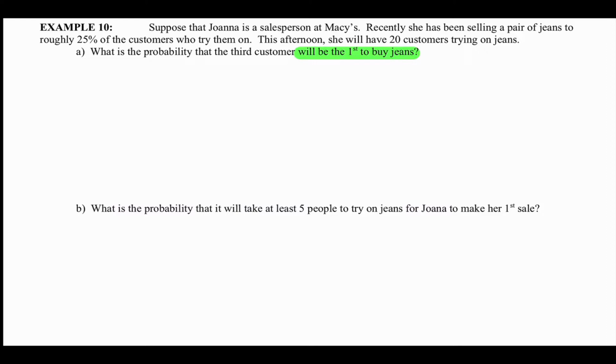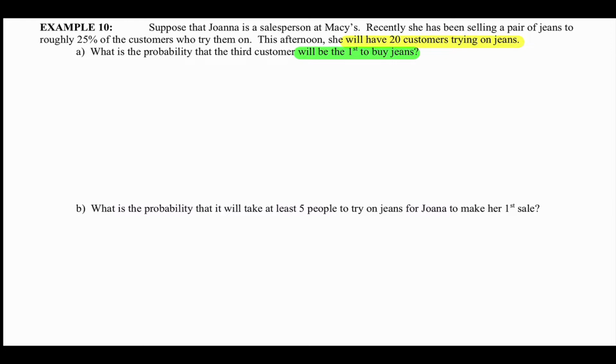But this one doesn't have a fixed number. It actually does have a fixed number, right? 20 customers. But with the wording of the question, do I really care about 20 customers? No. If the question was what is the probability that 3 out of the 20 would buy, then that's binomial.